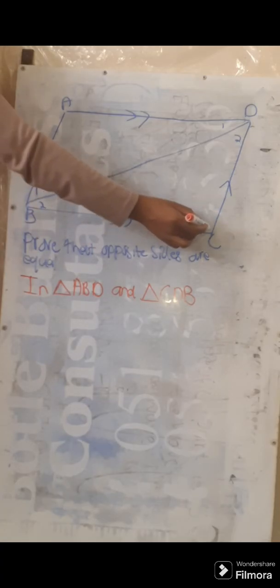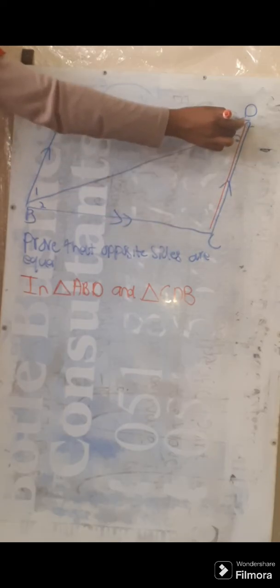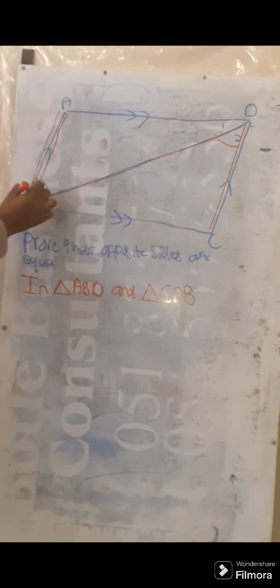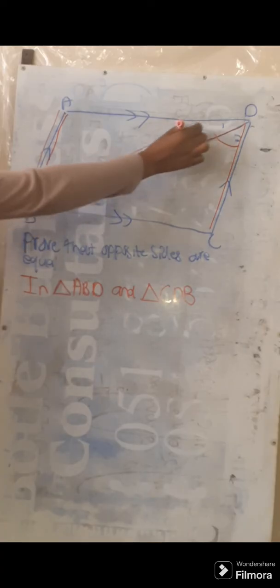So when you draw from here to here and here, you'll find that this angle is the same as that angle, right? And when you start from here and then you go there, you'll find that you're going to get a Z.